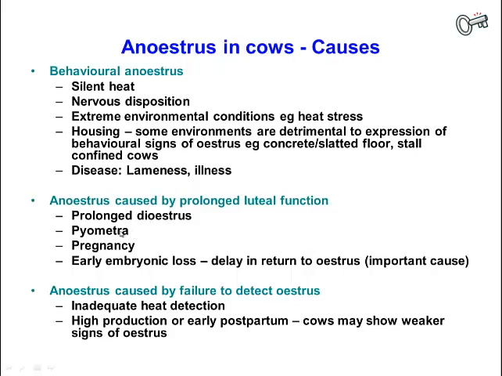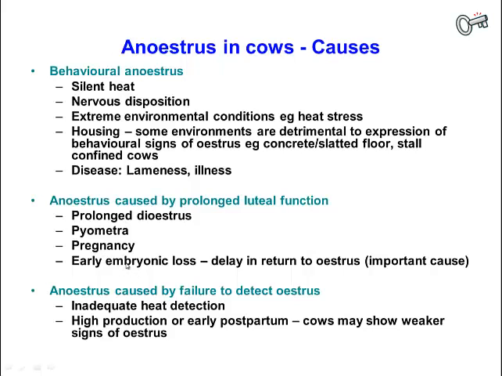Other times it can be due to pyometra, so there's actually pus in the uterus, and this inhibits the release of prostaglandin from the uterus, so luteolysis doesn't occur, and so you get a persistence of diestrus and the cow doesn't show heat. If the cow happens to be pregnant, then progesterone remains high and they don't usually show signs of heat. Occasionally they will, but not very often.